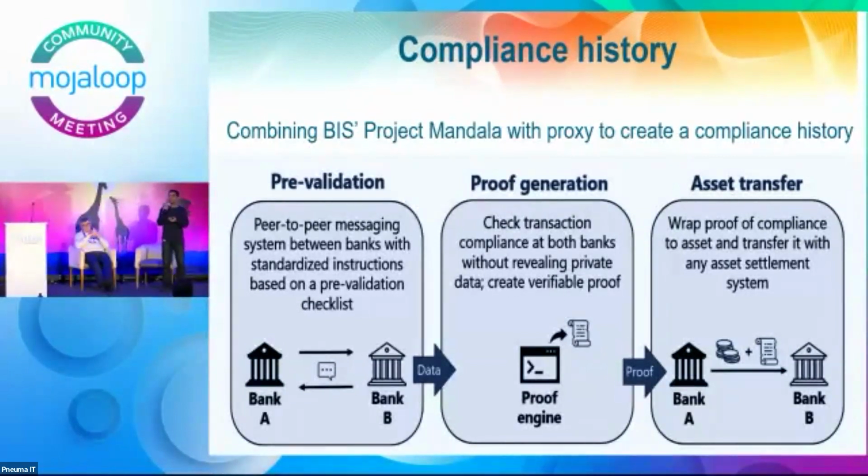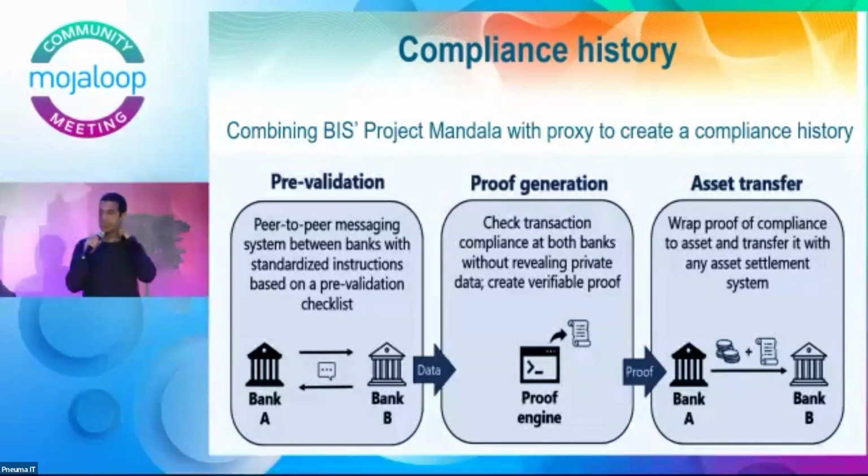So, for example, the BIS's project Mandala is looking specifically into this. The use case doesn't currently connect proxies, but we're proposing that suppose you were to connect the two, you could create this compliance history.